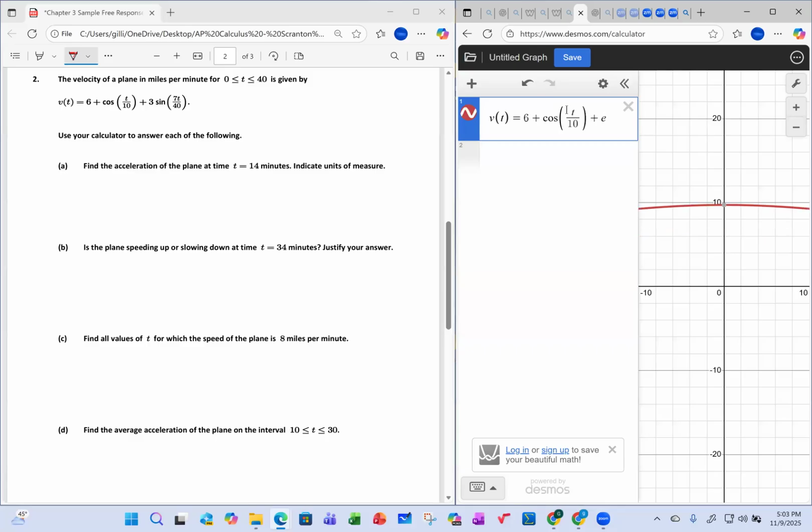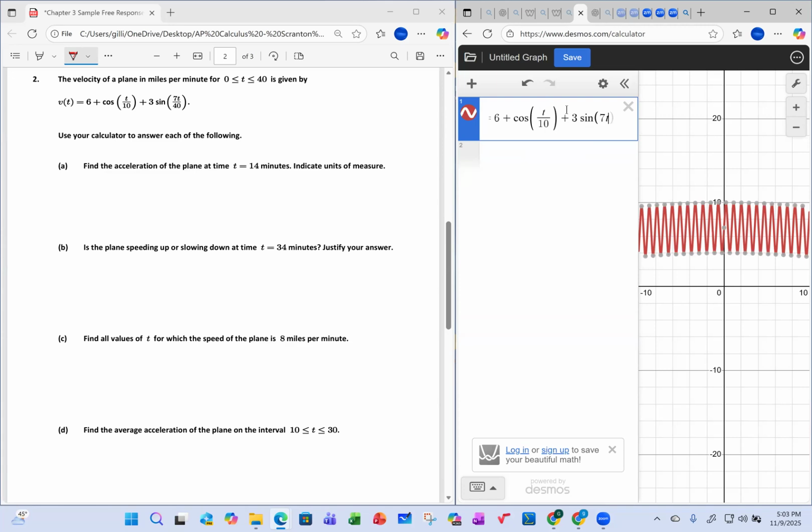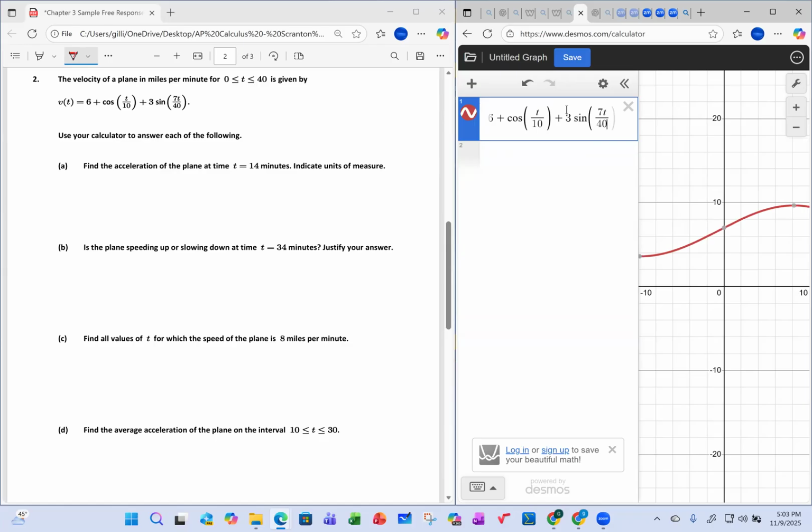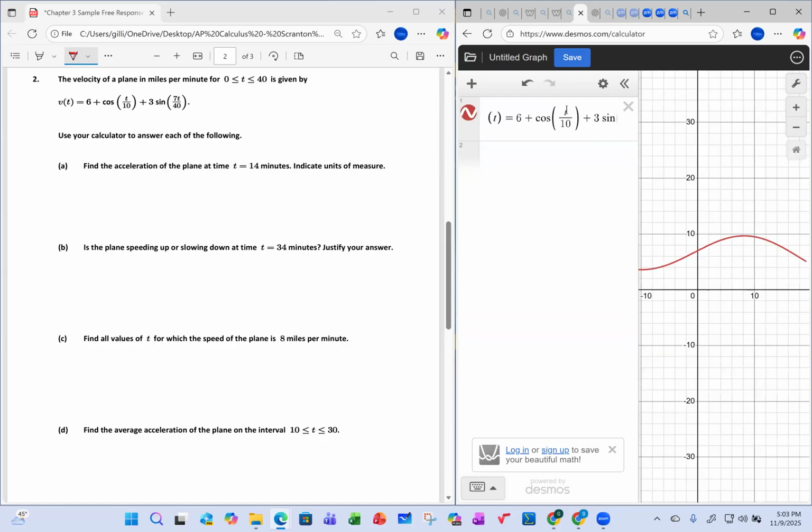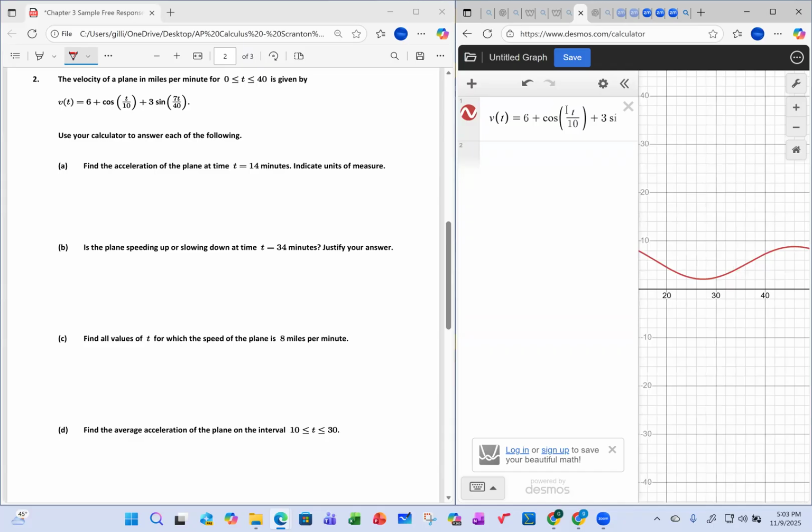Nope, I think I need my glasses on so I could see. 3 sine of 7t divided by 40. Okay, so there is my velocity.